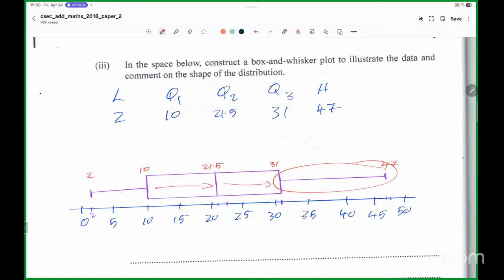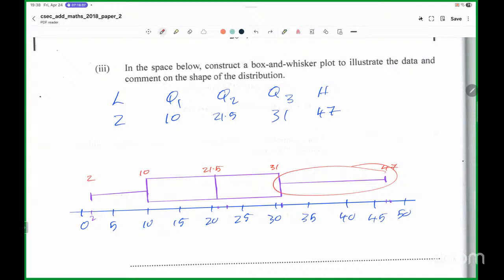The two boxes are not really significant in terms of how wide they are. The two of them are about the same, but the whisker is super long. So this data is positively skewed based on that long whisker.